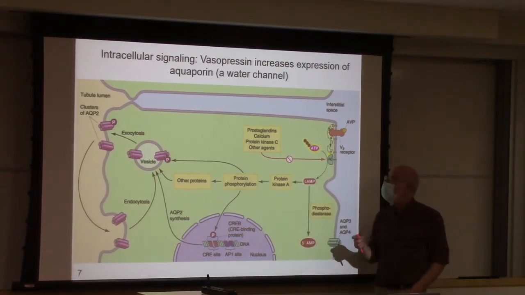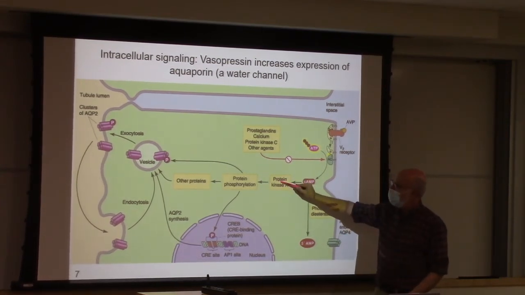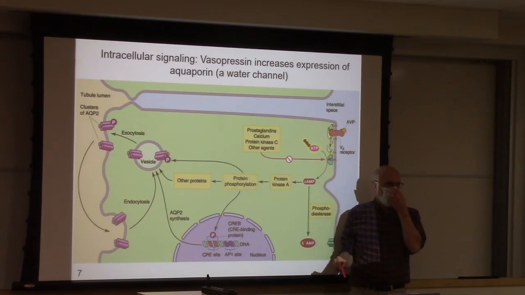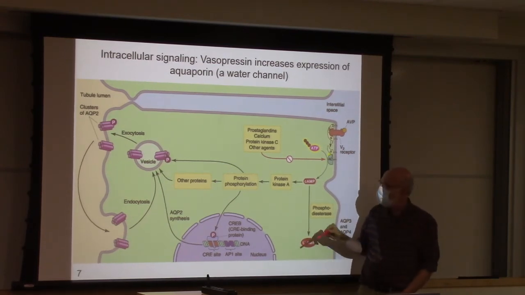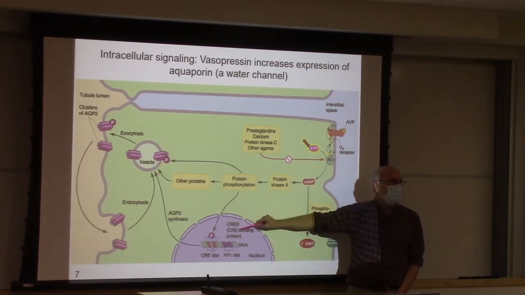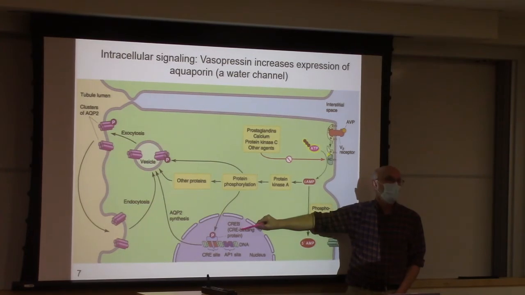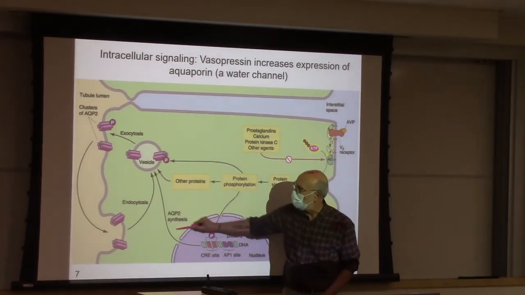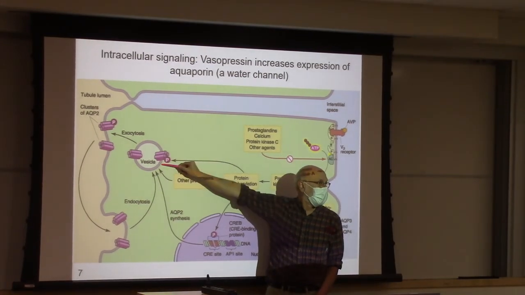The other thing that PKA phosphorylates is a transcription factor. It's called CREB. You may have heard of this in cell physiology or in some other location. CREB is a transcription factor that is activated by PKA. And that leads to increased expression or synthesis of aquaporin.